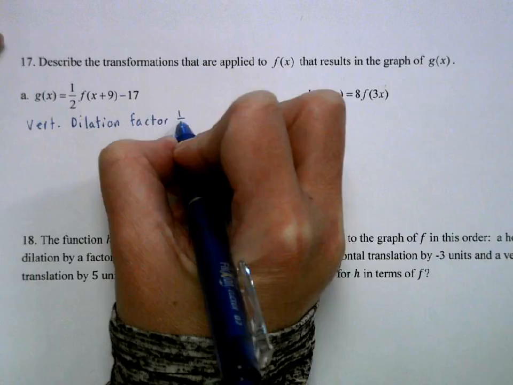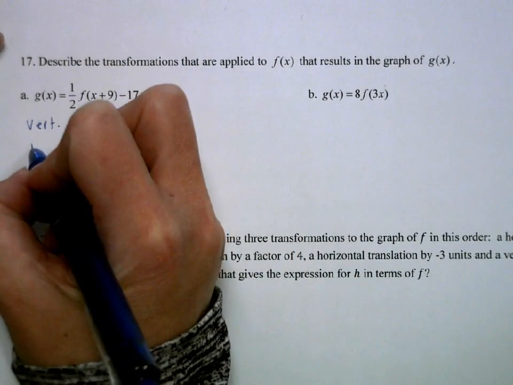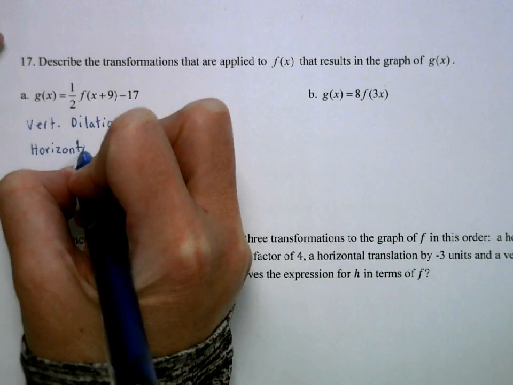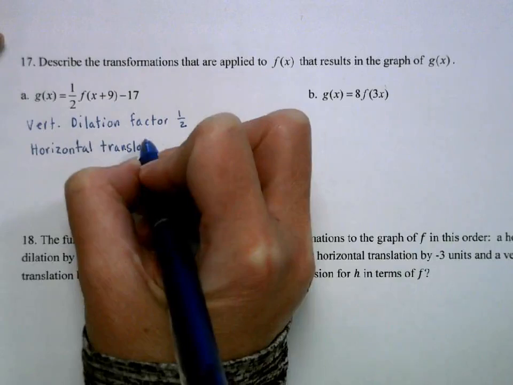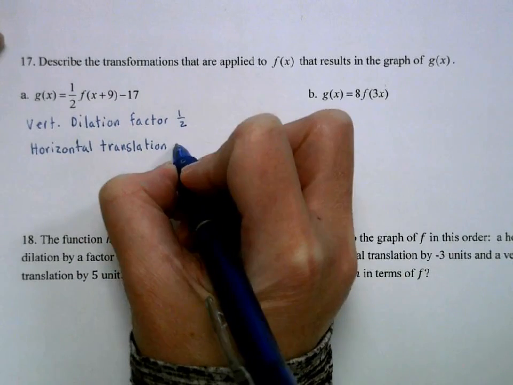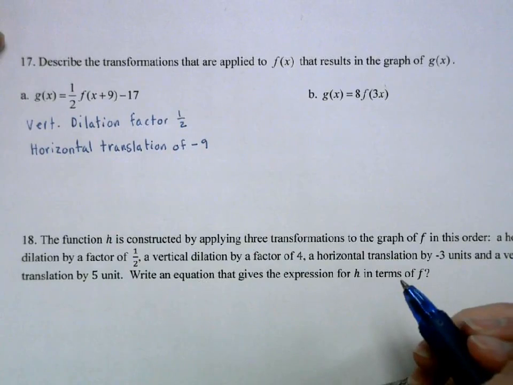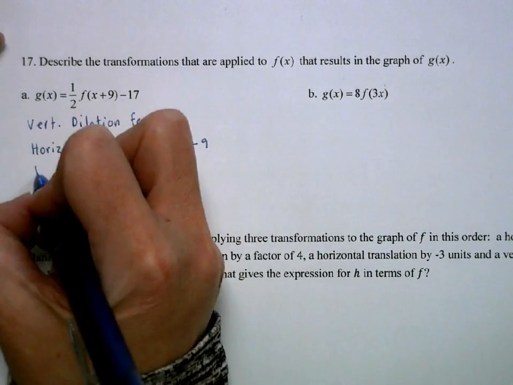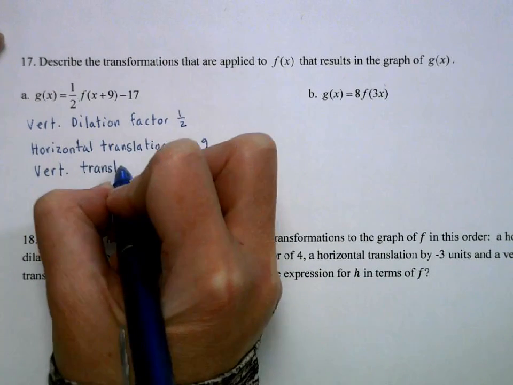I've been more specific, but it's going to be a horizontal translation of negative 9. So sometimes you might see it as left 9, sometimes you might see it as negative 9. And then a vertical translation of negative 17, or going down 17.